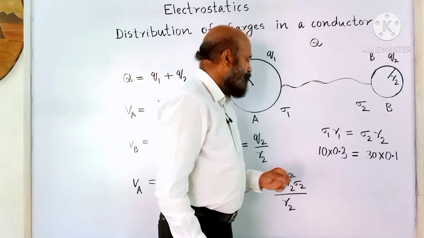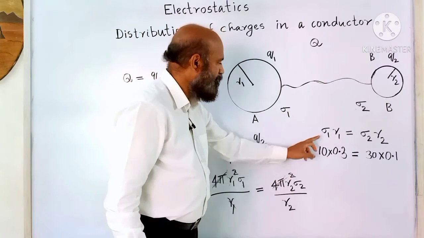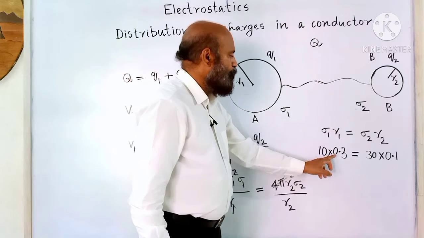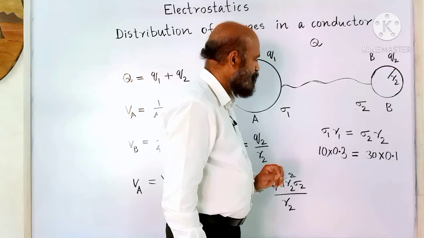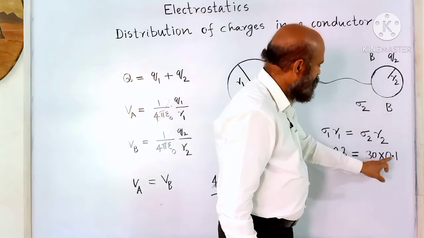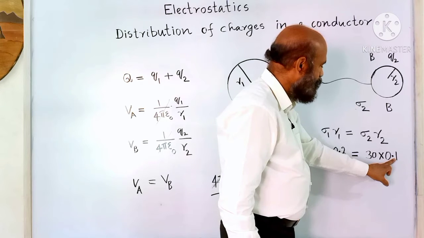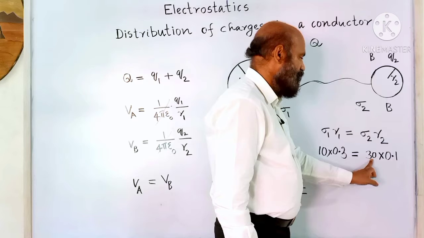For example, suppose the radius of the first sphere is 0.3. Charge density is 10. So 0.3 into 10, that is 3. The radius of the second sphere, let it be 0.1. Then charge density will be 30.